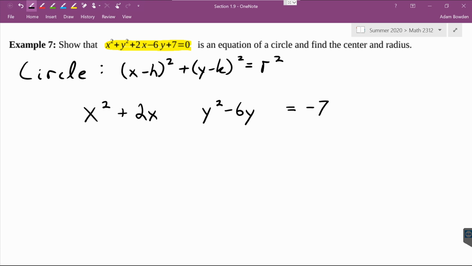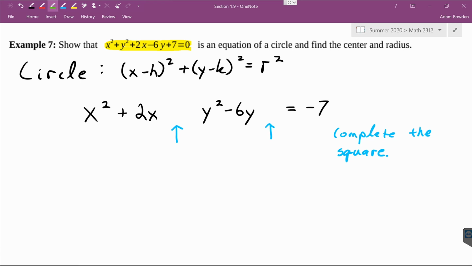You might notice I left some blanks in here, and that was intentional. I want to fill in those areas, and we're going to be using a process called completing the square to add some additional numbers.